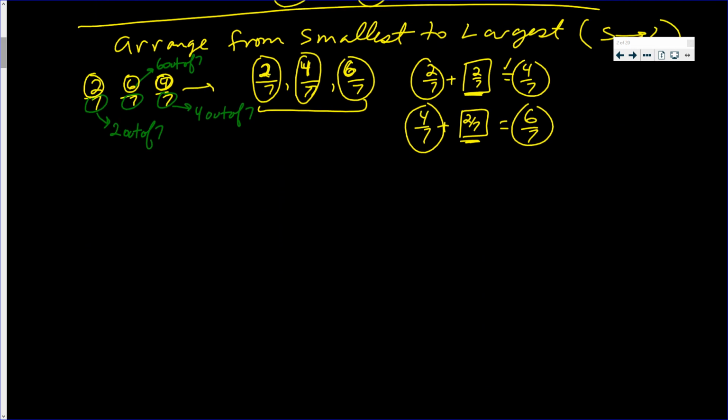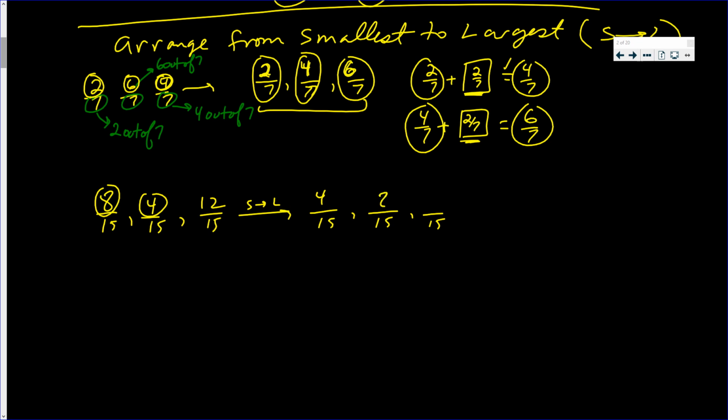So if you have 8 over 15, 4 over 15, and 12 over 15, and you want to go from small to large, well, they're all out of 15, which is really nice. This is the smallest number, this is the middle-sized number, and this is the larger number.